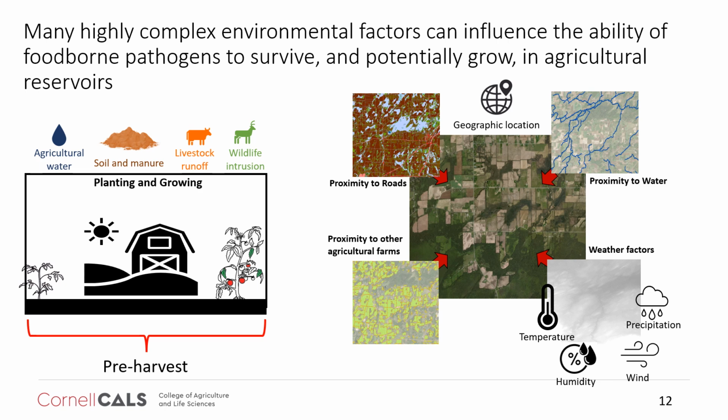Given this increasing complexity, we need to consider lots of data inputs when trying to model ways to mitigate foodborne pathogen contamination of fresh produce.